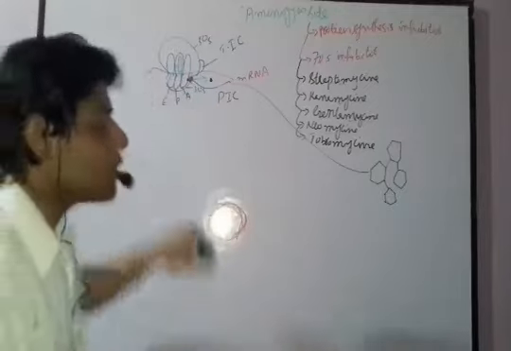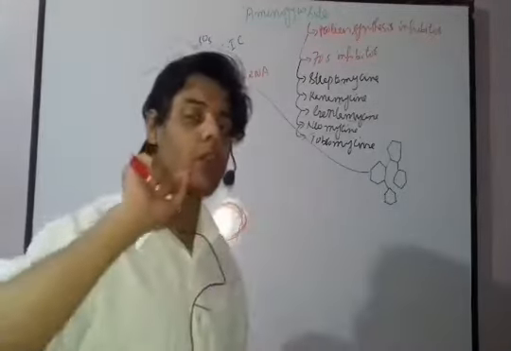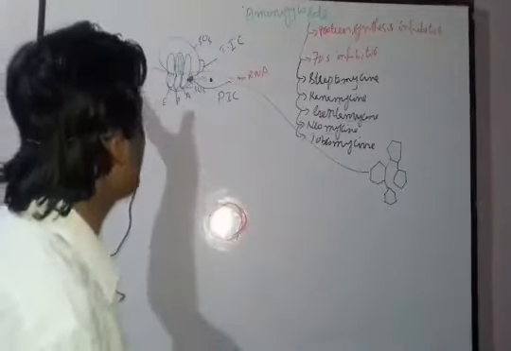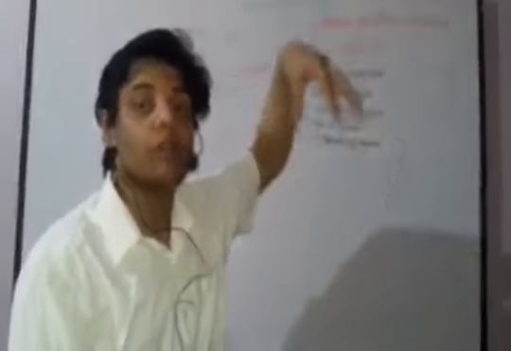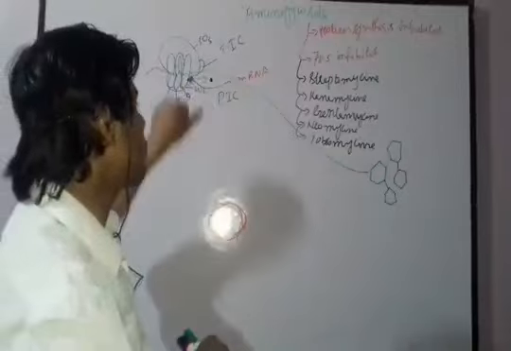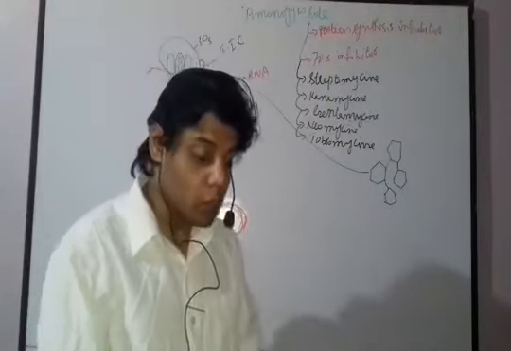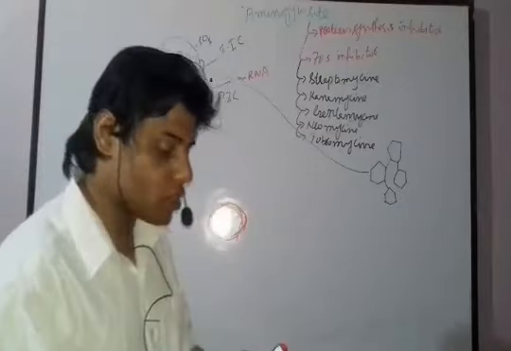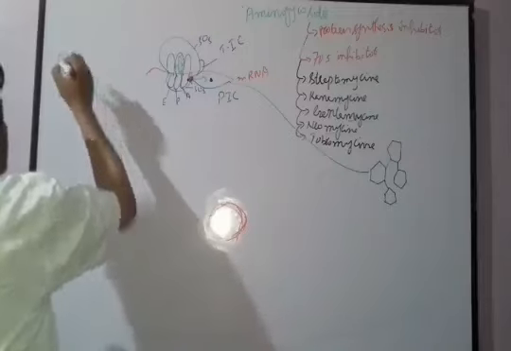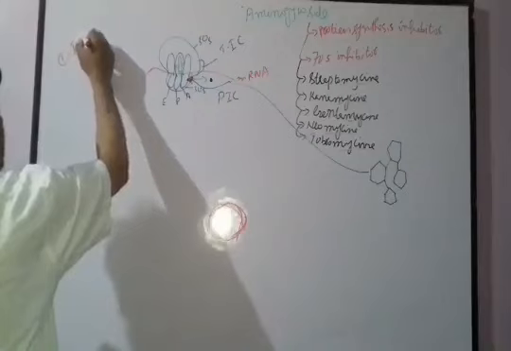Whenever they bind to this release factor, the release factor will not be released out. So when the release factor is not released, how can the 50S subunit bind? When the 50S subunit is not bound, the other transfer RNA is not bound to this A site. Or we can say the protein starting point will be halted. So this is the first mode of action of this aminoglycoside. This is actually initiation.